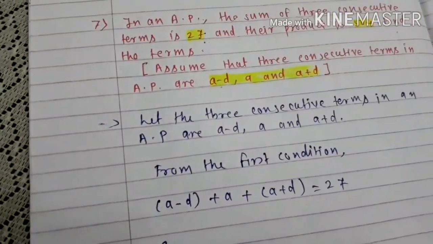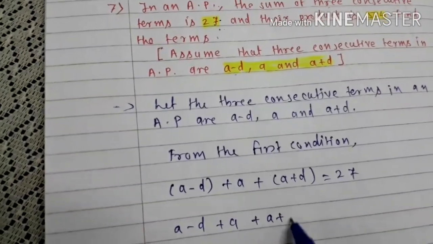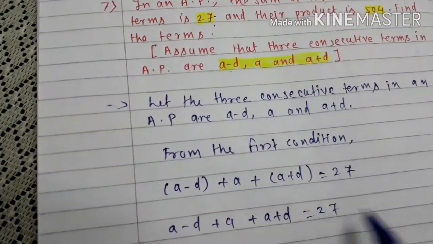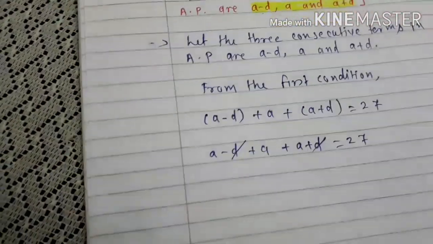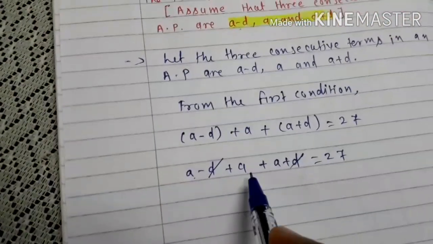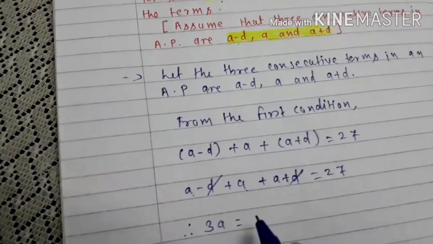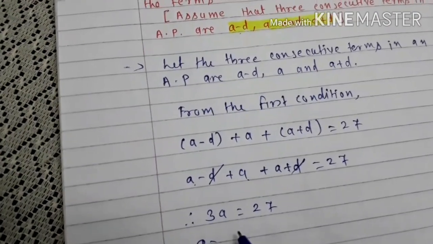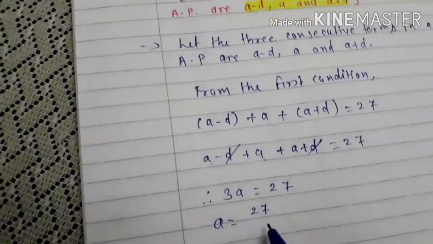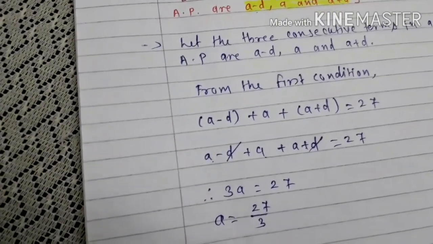So a minus d plus a plus d is equal to 27. See here, minus d plus d get cancelled. A plus a, therefore 3a is equal to 27, and therefore a is equal to 27 upon 3, a is equal to 9.